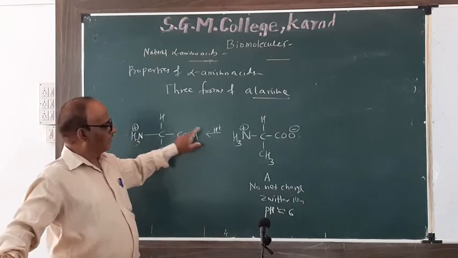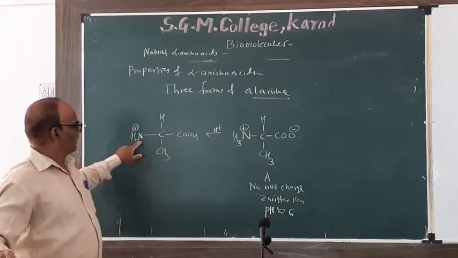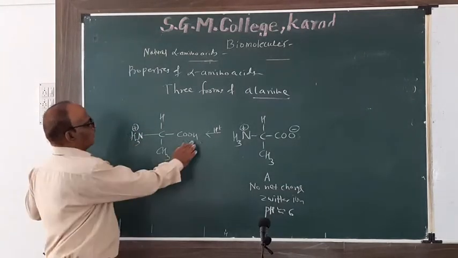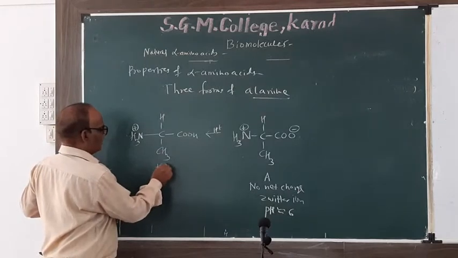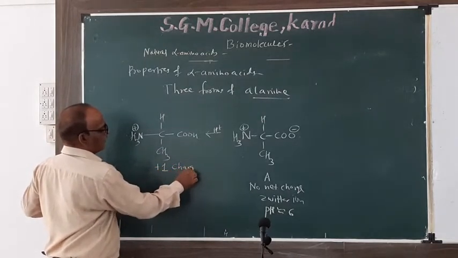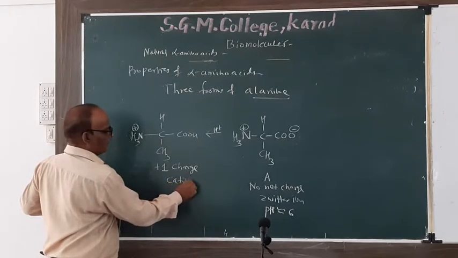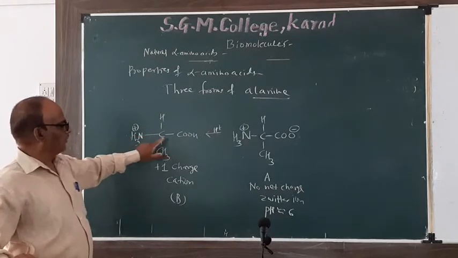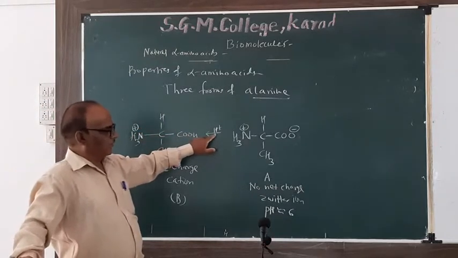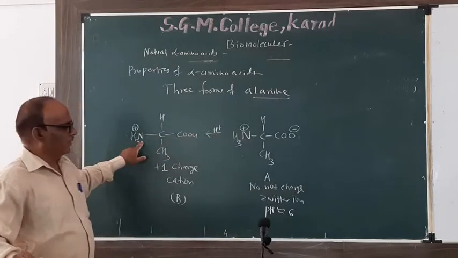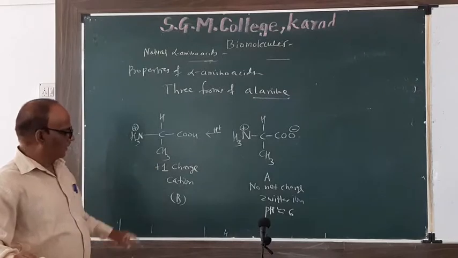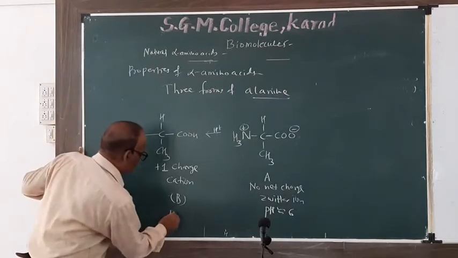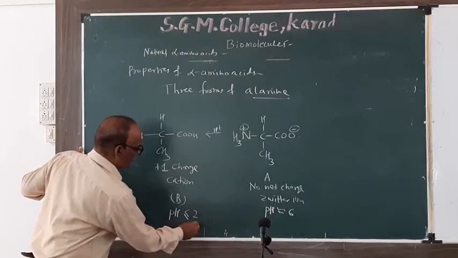So the alanine compound reacts with acid H plus, then the NH2 group accepts a proton and becomes positively charged NH3. There is no loss of the proton. So this carries a positive charge, plus 1, and this is a cation. This is the second structure. In this structure there is only one positive charge and no negative charge. The positive charge is due to reaction with H plus ions, the proton being accepted by the NH2 group. Positive charge means it is a cation, and its pH is less than or equal to 2.